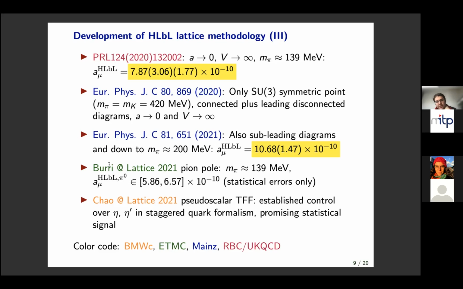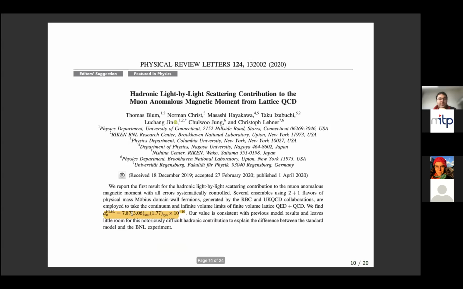But at this point, I also would like to highlight that there are additional results that just recently showed up at the last Lattice conference, in particular related to the eta and eta prime, for which, similar to the pi to gamma gamma star and pi to gamma star, the lattice can provide useful results to constrain these form factors in the dispersive method. So let me quickly talk about this result, and then I'll also talk about the Mainz result.